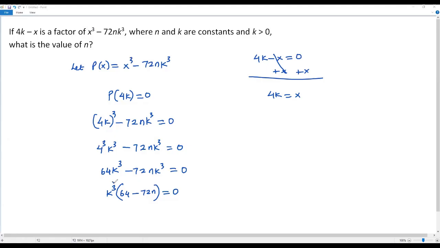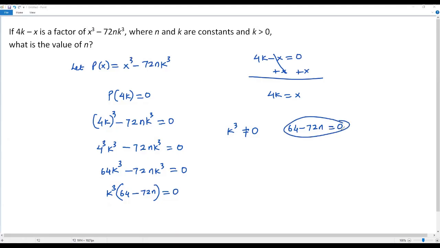I am pretty sure this one will not be 0 because the question says k is greater than 0. When k is greater than 0, k is not equal to 0, so k³ also will not be equal to 0. But I want this product to be equal to 0, and when k³ is not equal to 0, then this one must be 0. That is 64 − 72n must be equal to 0.